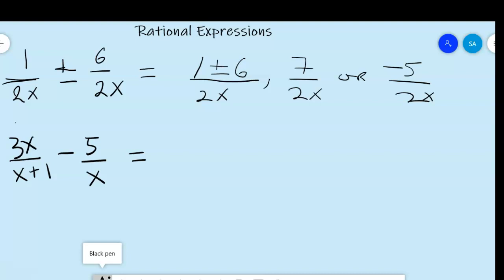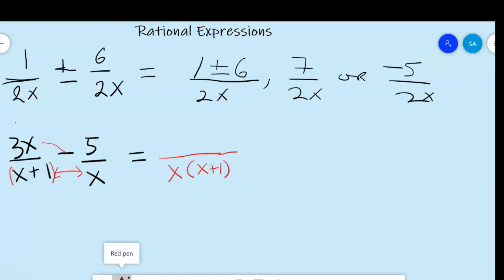We multiply this by this. Now remember, this is 2 terms, so we put a parenthesis. The denominator is just going to be x, let me write this one first because it's by itself, then x plus 1.